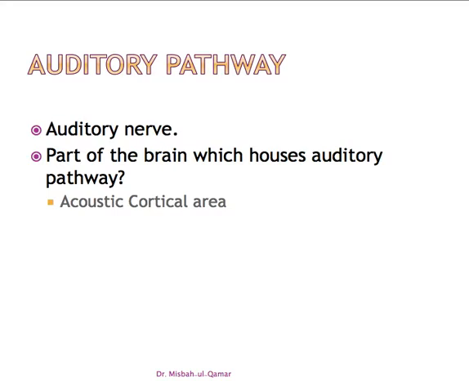While the higher center for final termination of fibers is located in the temporal lobe of cerebral cortex. Now keep in mind that each cochlea is represented in the cortex on both sides because the auditory cortex receives both crossed and uncrossed fibers from each cochlea.